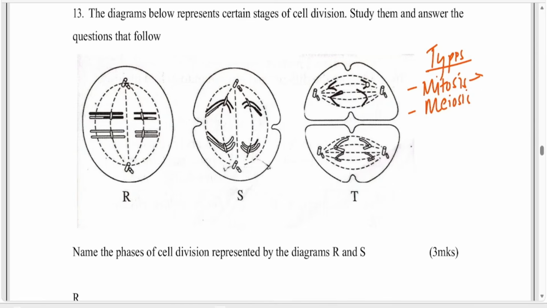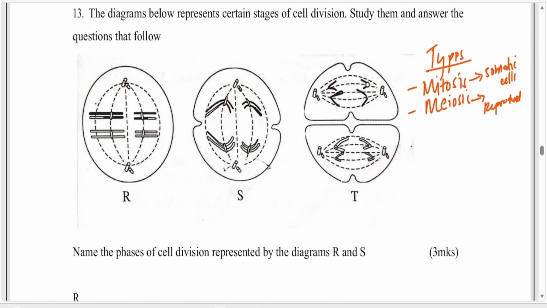Mitosis is a type of cell division that occurs in somatic cells, or the body cells, and it only involves one cell division. Then you have meiosis, which takes place in the reproductive cells, like in the testes and also in the ovary, and it leads to formation of gametes.